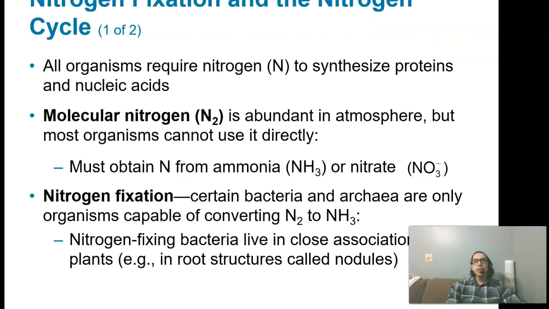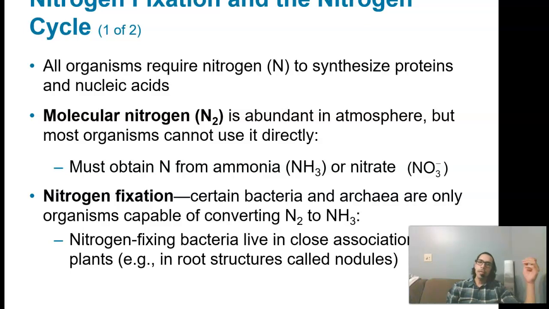Okay. So one important aspect of bacteria is their ability to fix nitrogen and their role in the nitrogen cycle. All organisms require nitrogen to synthesize proteins and nucleic acids. However, the nitrogen that's available in the atmosphere can't be used in that form.